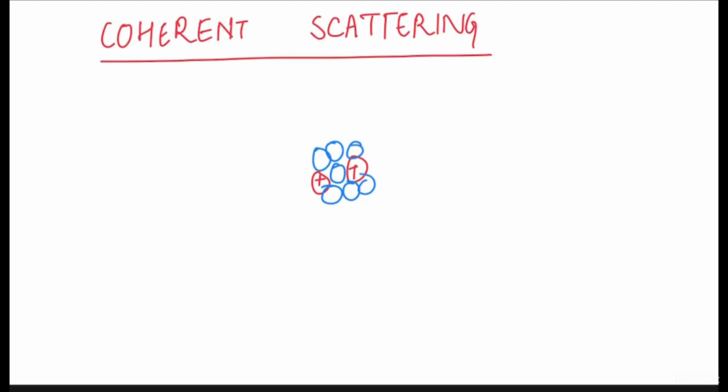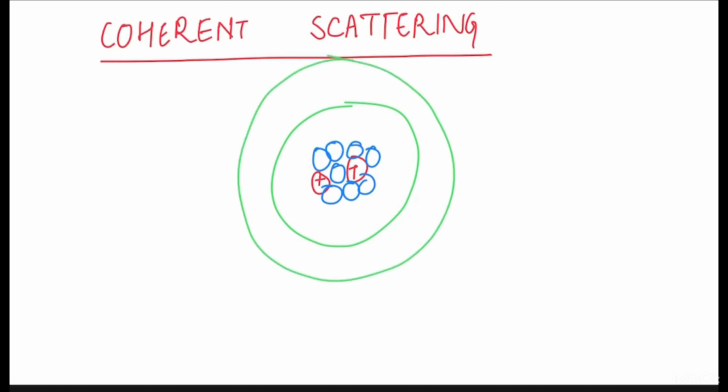So this is a nucleus, and outside the nucleus there are different shells, that is K, L, next is M, N shell.